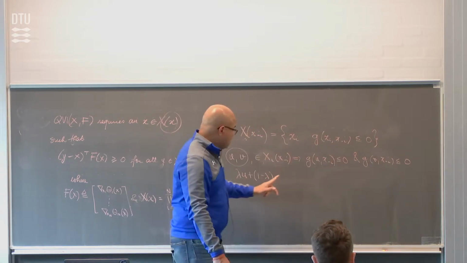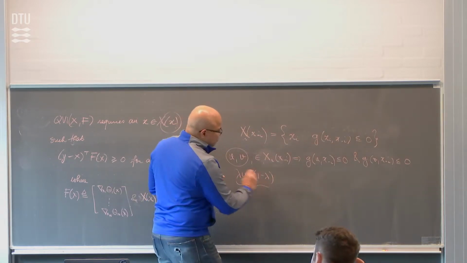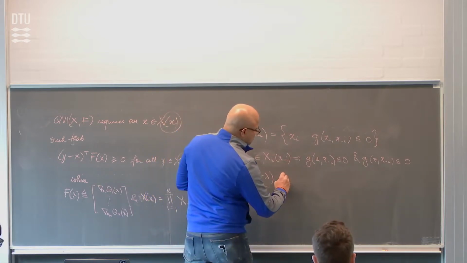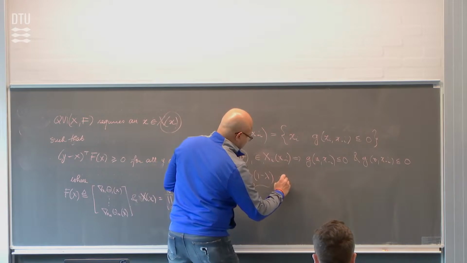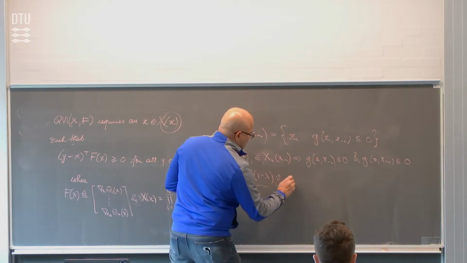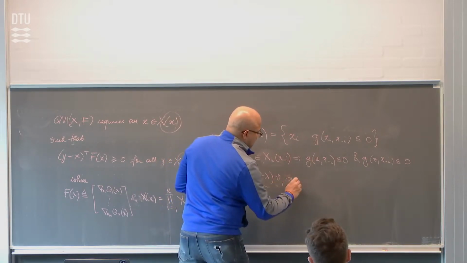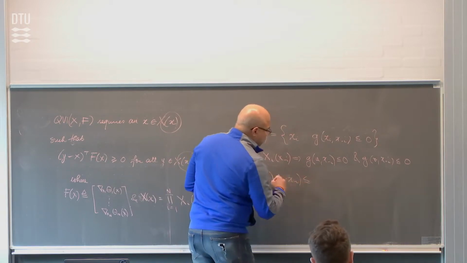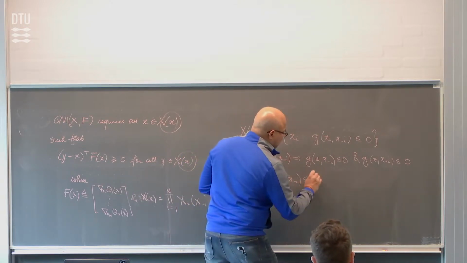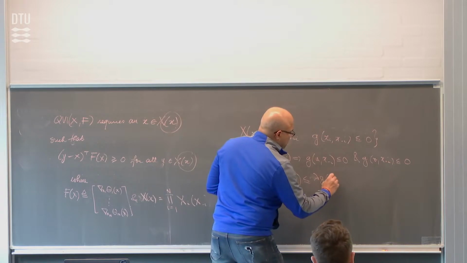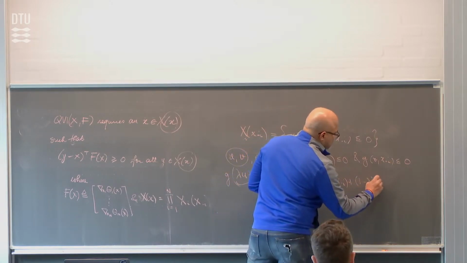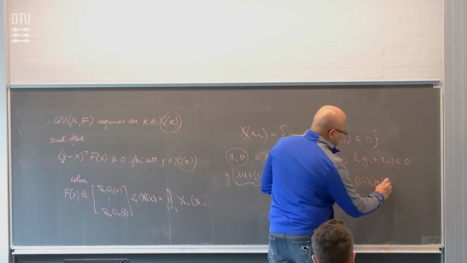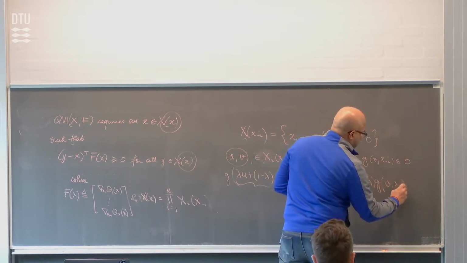Right? So then you take the convex combination, which is g of this comma x minus i. By convexity of the function, you have lambda of g(u, x minus i) plus 1 minus lambda of g(v, x minus i).